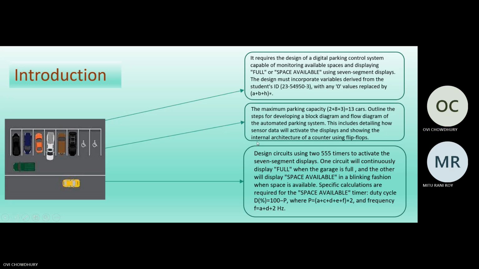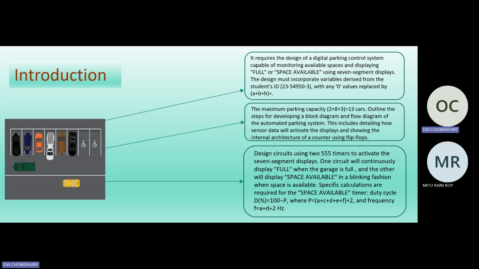Introduction. In this slide, this presentation is about a digital parking system that controls vehicle entry and exit. It also uses a counter and a 7 segment display. When the garage is full, it shows full.